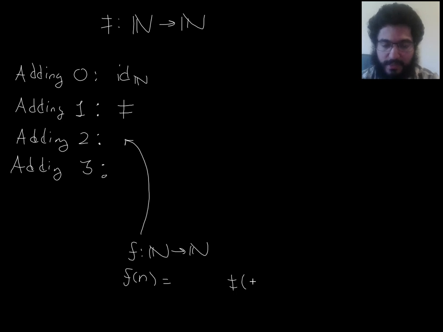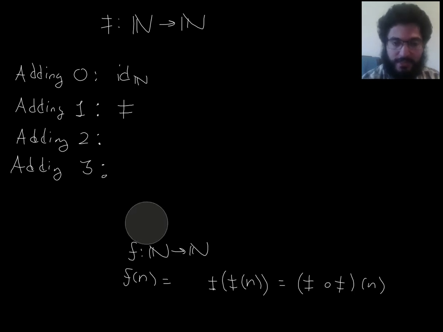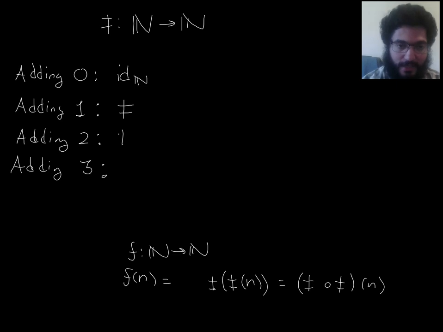So in other words, this is a way of writing next n, and then it gives you the next of that, right? So what's f in this situation? F would be this composition, right? If I want to do one function and then do another function, or do one function then do the same function again, composition is what I want. That's how you do functions in succession like that. So here's our adding 2 function.